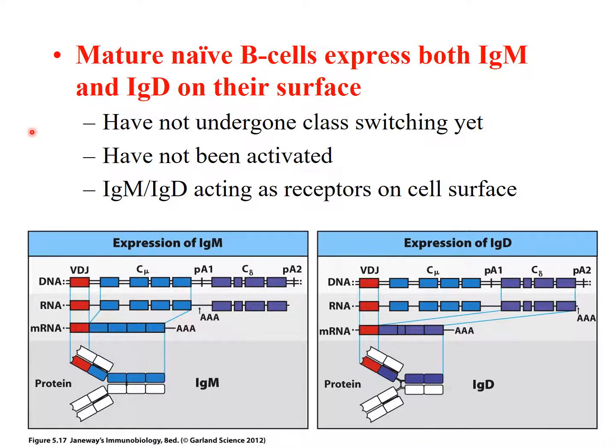Once activated, via IgM and IgD on the surface acting as receptors, the VDJ will remain as is on the heavy chain, but we're going to get swapping of either the C mu or the C delta to either C alpha, C epsilon, or C gamma.